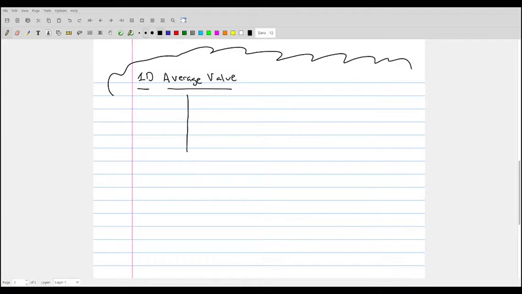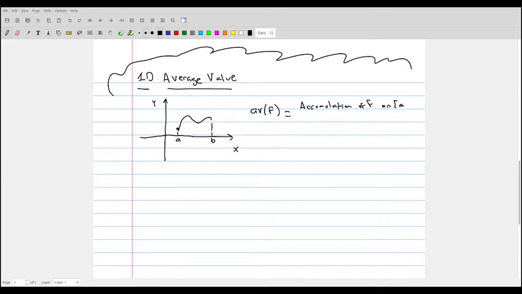If you have a function on some interval from a to b, we define the average value of the function on that interval to be the accumulation of the function on the interval divided by the size of the interval.